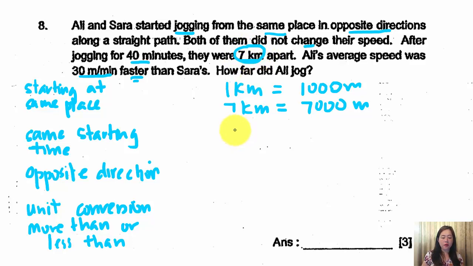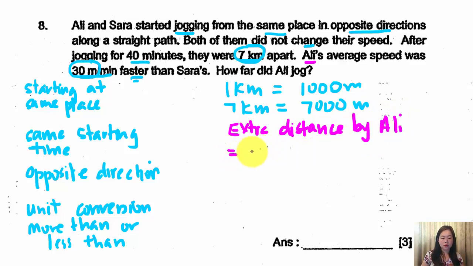So for running an extra 30 meters per minute for 40 minutes, the extra distance covered by Ali is actually equal to 40 times 30, which is equal to 1,200.